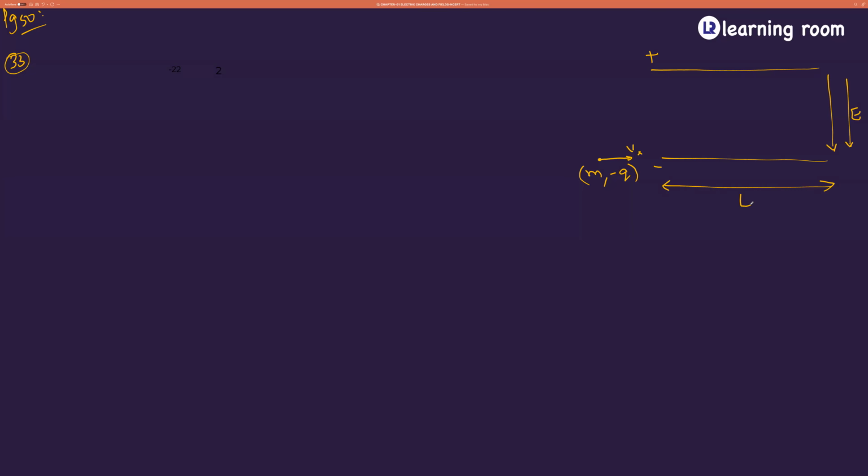This distance is given as L. Now the important question is, when you have an electric field like this, when you release this particle, how is this particle going to travel? Listen to this very carefully. I just want to tell you something important. If I have the electric field present in this way, I'll use another slide. There are different possibilities when you place a charged particle in an electric field.